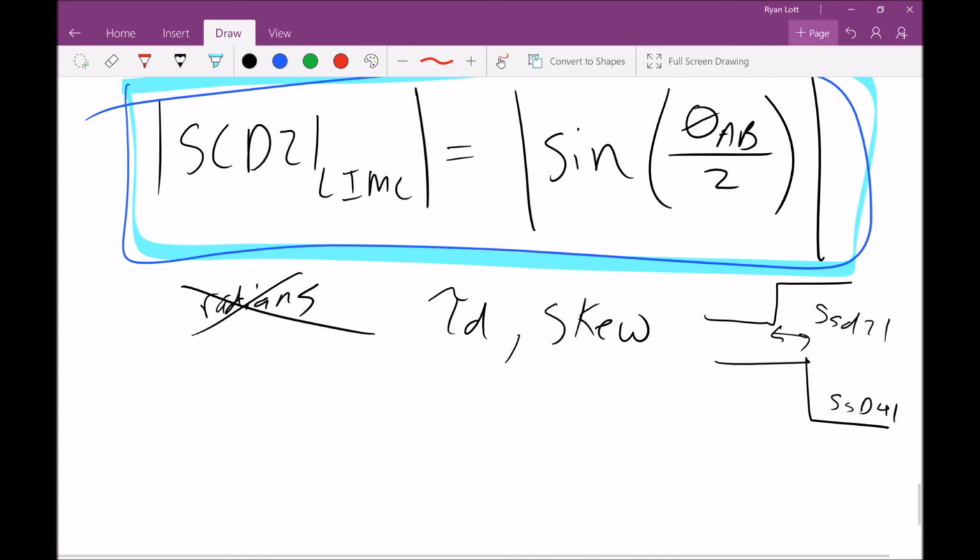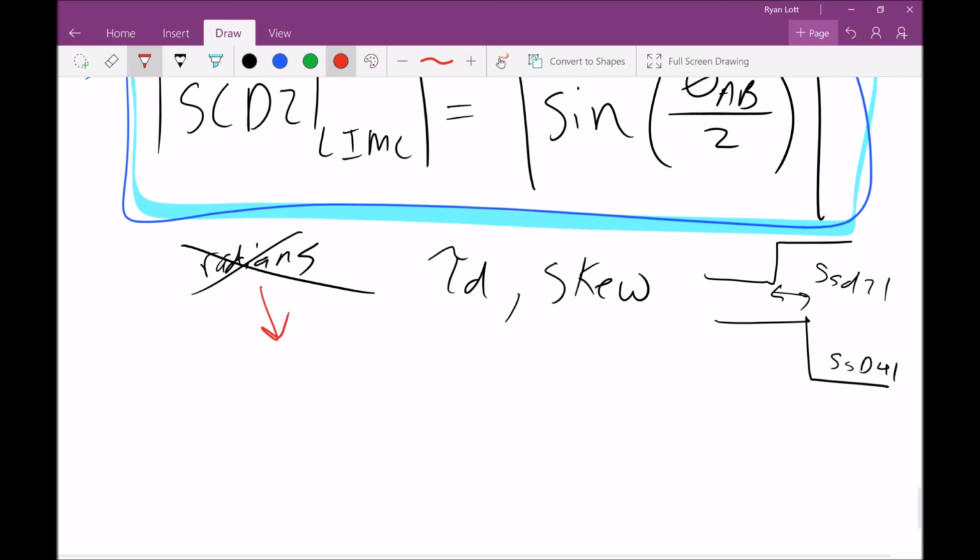So we really want to take this formula and convert it from radians to something a little bit more useful.